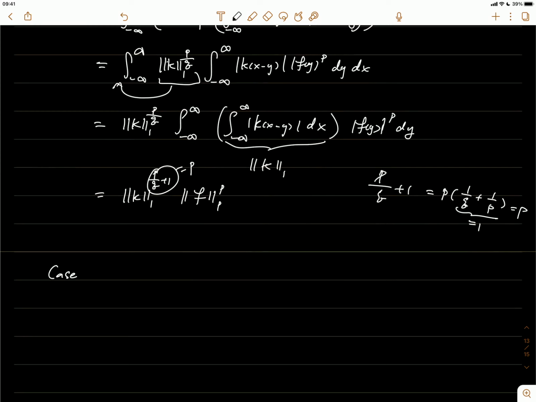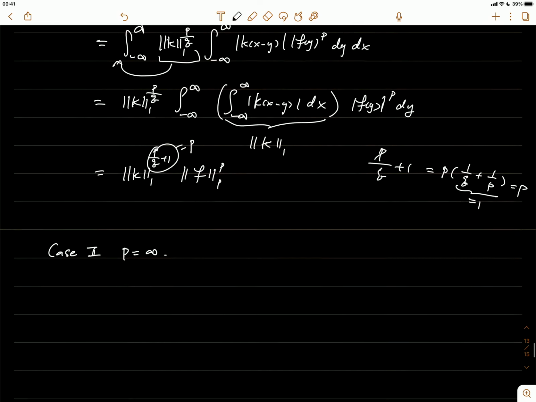The second case, p is infinity. In this case, we want to show that this thing is bounded by this times this, right?